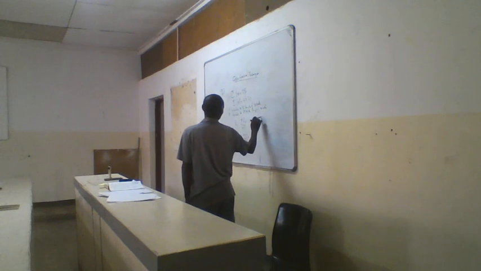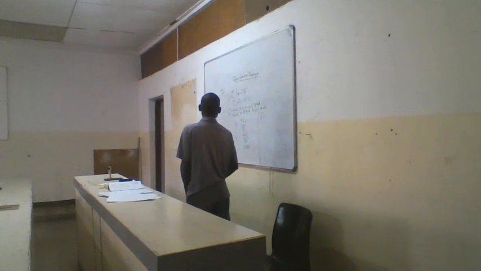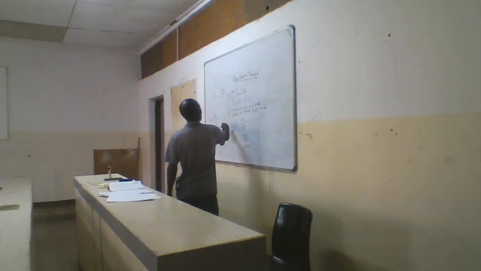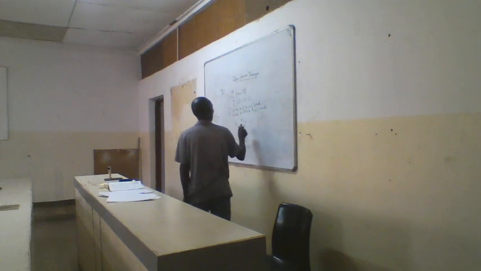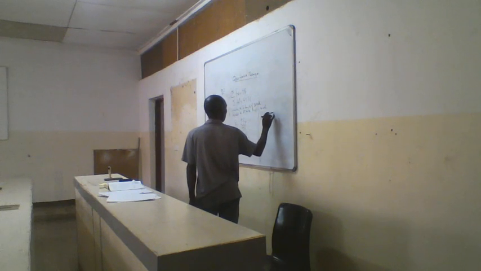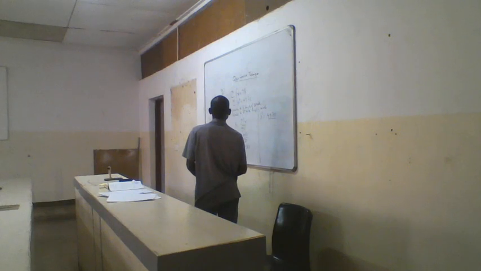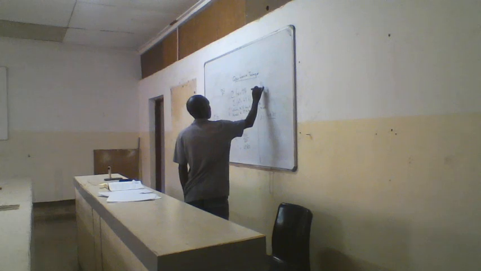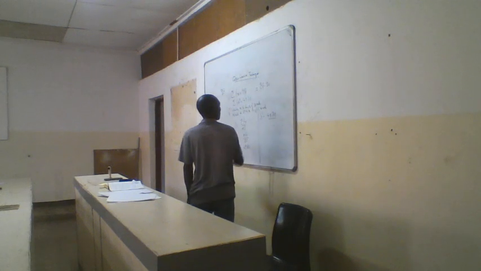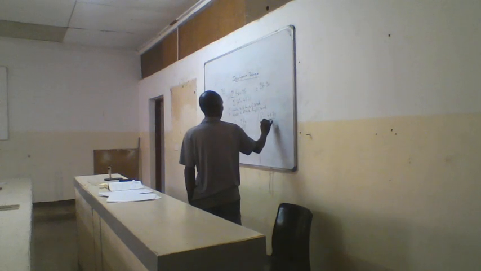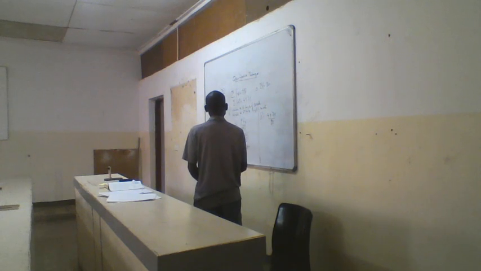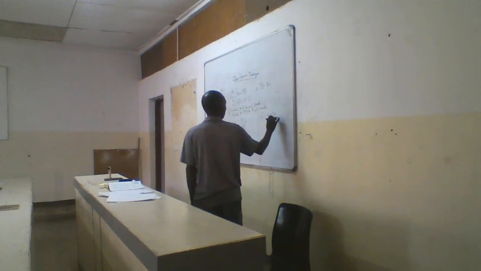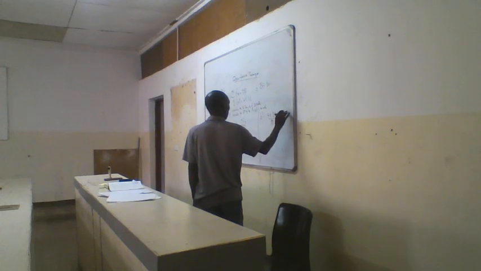Let's calculate the variance. The sum of fx squared is 49.711, divided by the sum of f, which is 20 here, minus x bar, which is 49.85, squared.